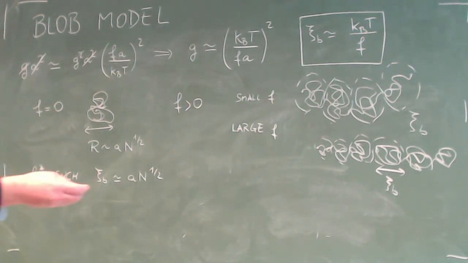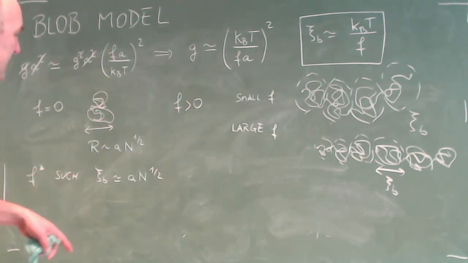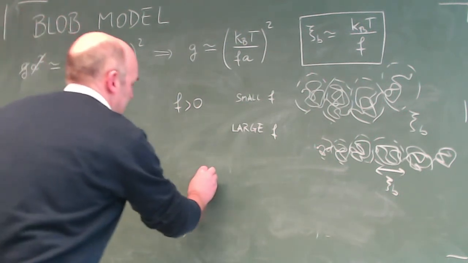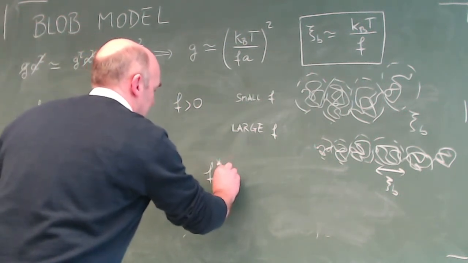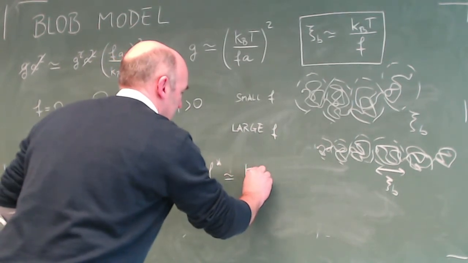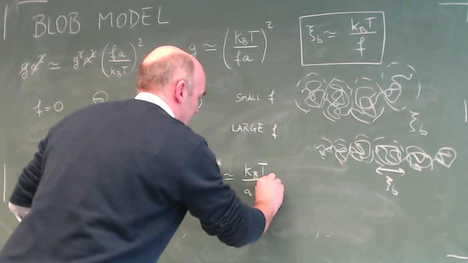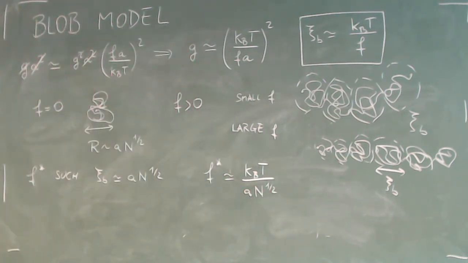Okay, so then it's easy. That psi b is given there. So I find F star. It's simply given by reversing that relation. So F star is given by kBT divided by a n to the power 1/2. Okay.